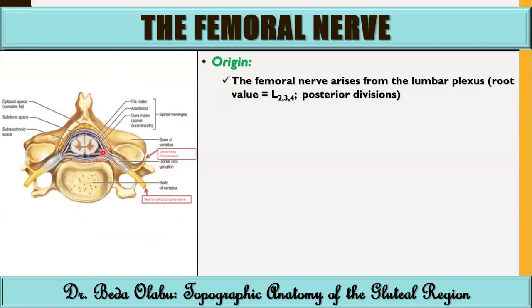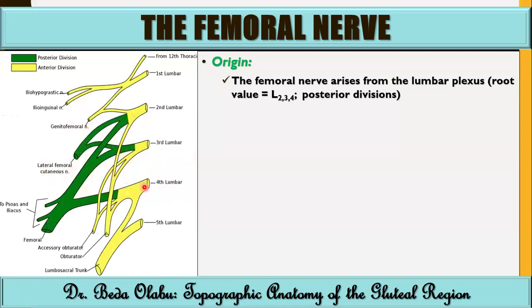So this image shows you that concept of a spinal nerve arising from the spinal cord via two roots joining to form a single spinal nerve, which is mixed. Then the nerve has a dorsal ramus and a ventral ramus. The ventral ramus is the one that gives you two divisions, the posterior division and the anterior division.